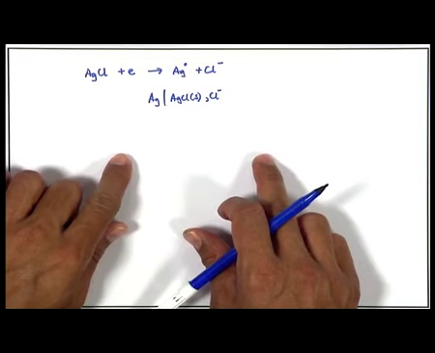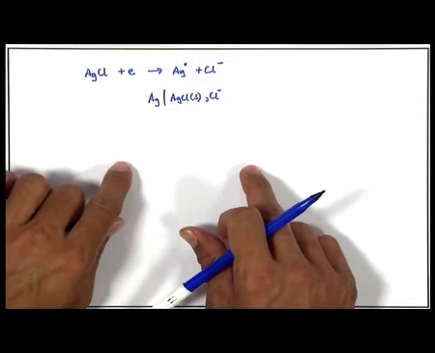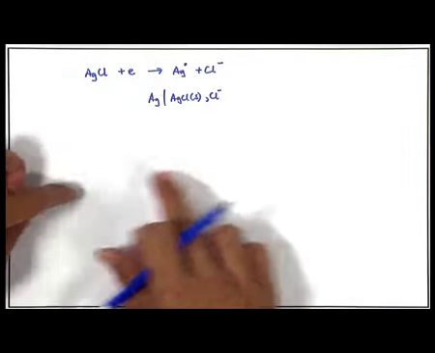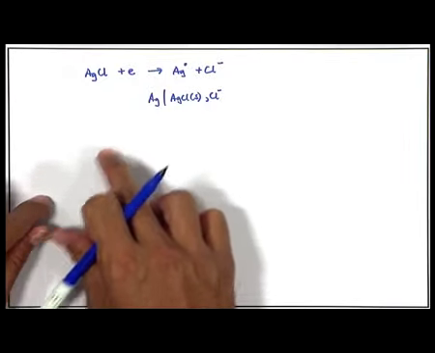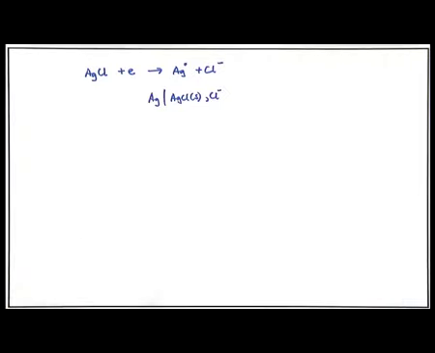If the cell potential comes out positive, then the way you have represented it is the right one. But if the cell potential comes out negative, then you should reverse the half cells. That is, this half cell will go over here and this half cell will go over to the right hand side, to get you a positive cell potential.